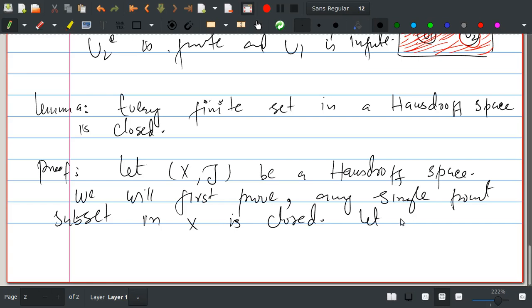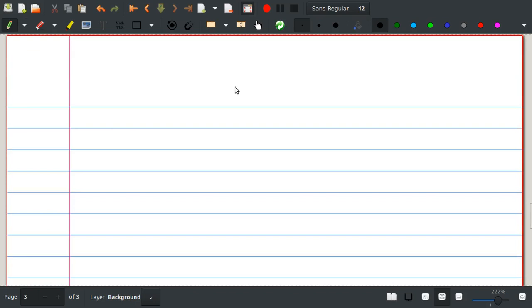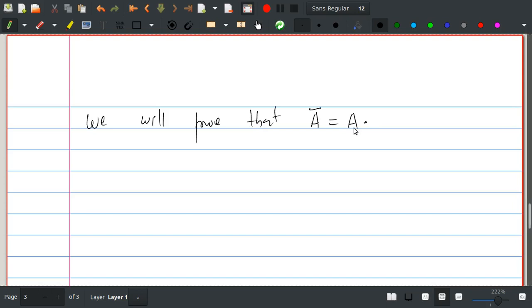Let A be the single point set in X. So we have to prove A is closed, and it suffices to prove A closure is A itself. So we will prove that A closure is A.